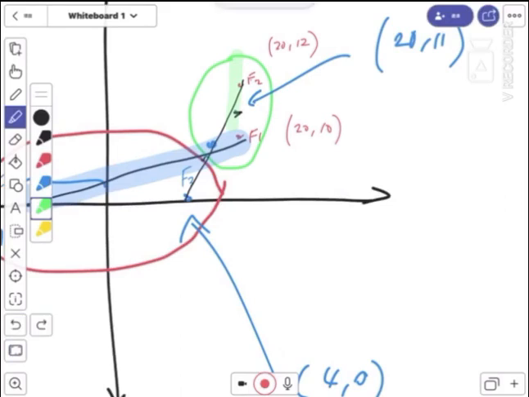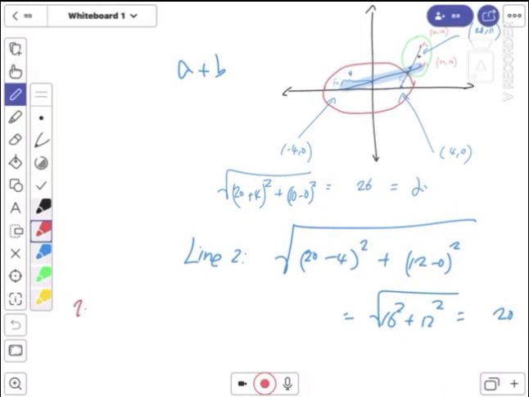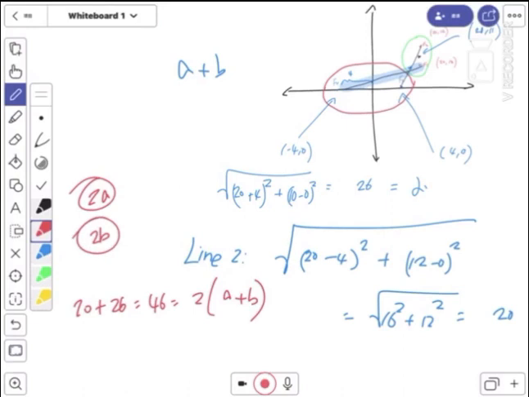Remember that A is half of the major axis, and the major axis is equal to the sum of the distances. So the sum that we found, 20 plus 26, is equal to 2 times A plus B, since 2A is the major axis of the red ellipse and 2B is the major axis of the green ellipse.